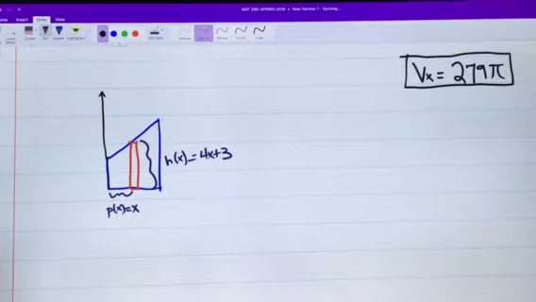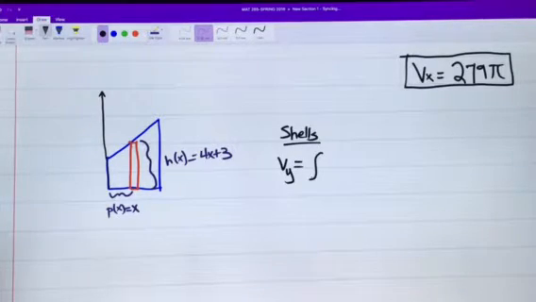And for the volume of the solid generated about the y-axis, again, we can revert to the method of shells. So we're looking at integrating with respect to x, going from x is equal to 0 to x is equal to 3. I've got 2 pi, p of x is going to be x, and h of x again is 4x plus 3.